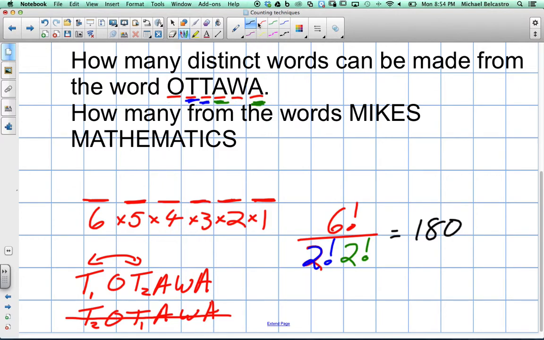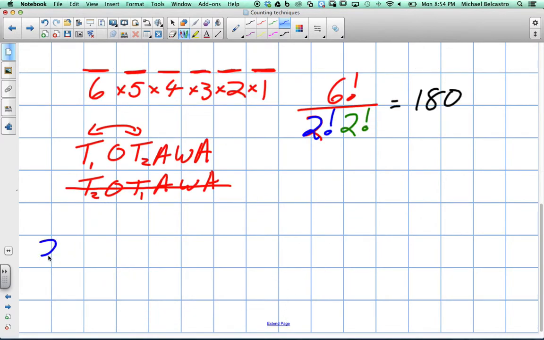Okay, so our second example here is the words Mike's Mathematics. Just imagine this is going to be another set. We're going to first need to count out how many options we have. So we have 1, 2, 3, 4, 5, 6, 7, 8, 9, 10, 11, 12, 13, 14, 15. Okay, so there are 16 options, which means there are 16 factorial on top.